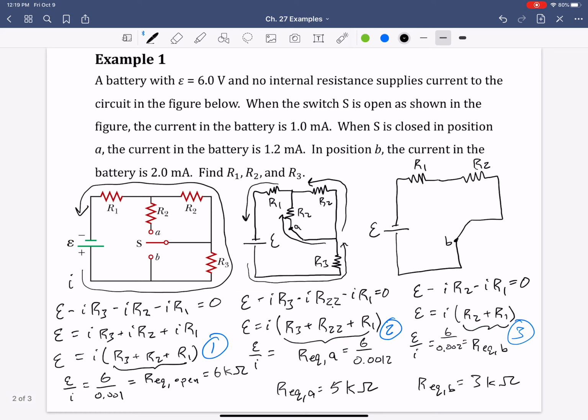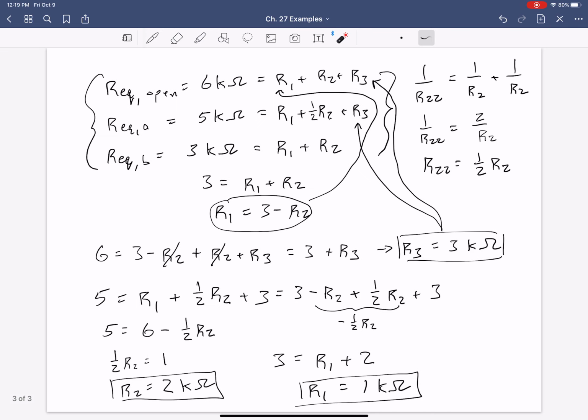The physics part of it was all of this: realizing how the currents behaved and the actual Ohm's law analysis for each circuit situation. That was the physics. If you have that part down, then you can realize that the equivalent resistance expressions from those Ohm's law equations can be combined into a system of equations, and from then it's just algebra.